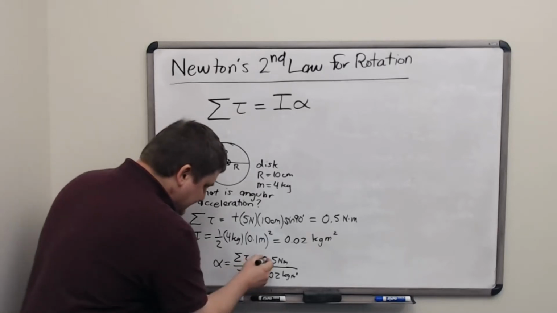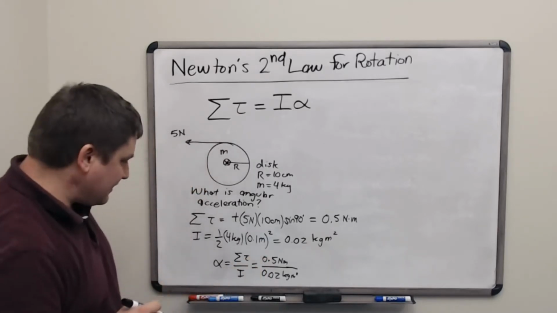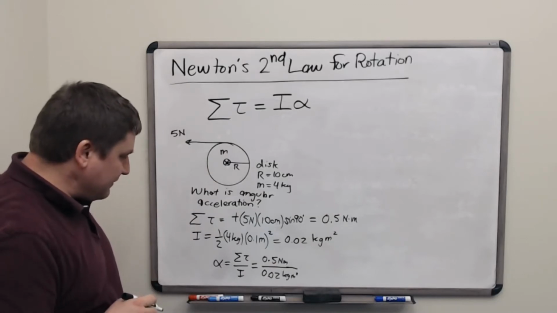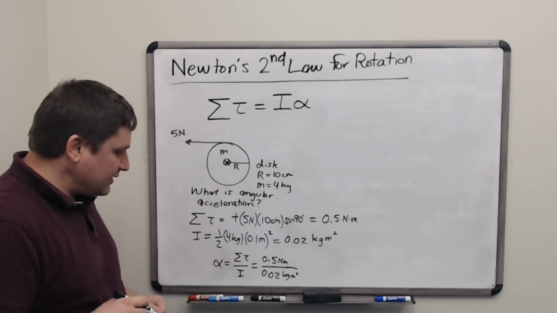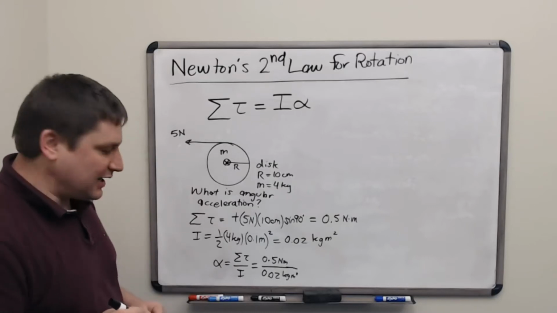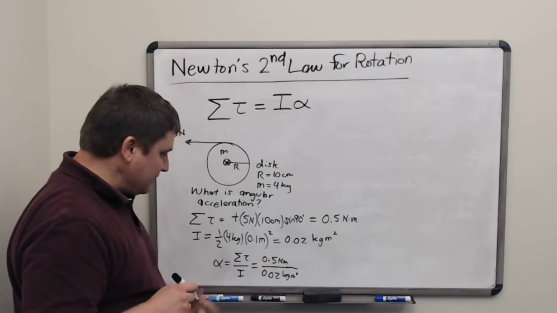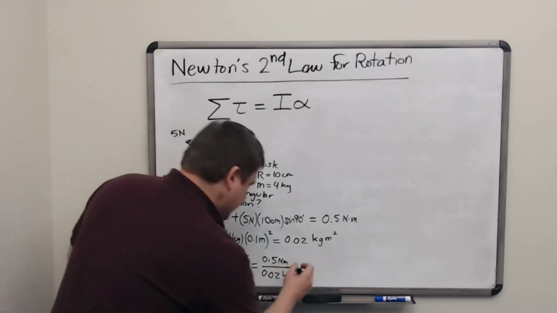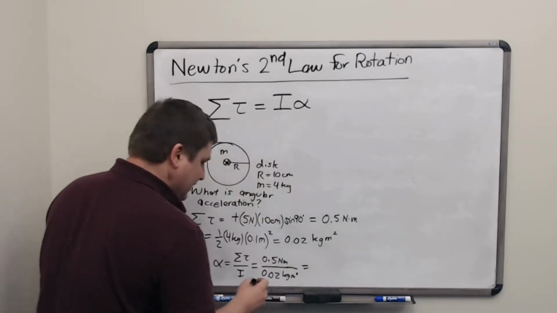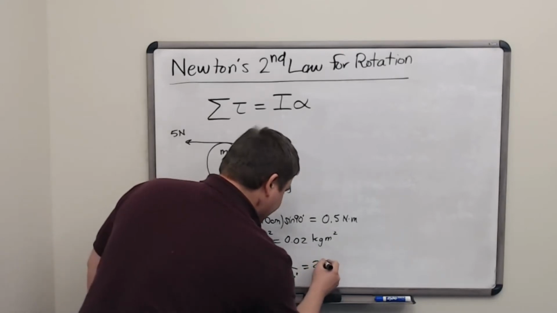Can we do this division without a calculator? I think we can. Dividing by 0.02 is the same as dividing by 2 and multiplying by 100. So I would have 0.25 multiplied by 100. This would give me an angular acceleration of 25.